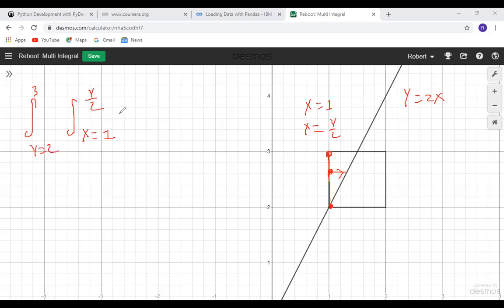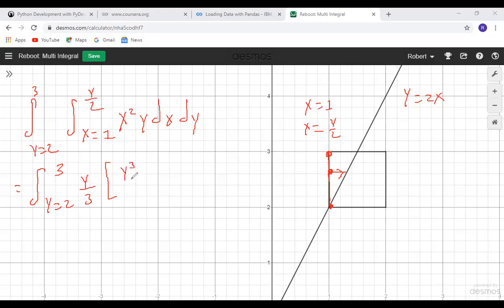And we're integrating x squared y dx dy. So this is the integral from y equals 2 to y equals 3. The inside integral is an x integral. The antiderivative of x squared y is x cubed y over 3, and x is going from 1 to y over 2.